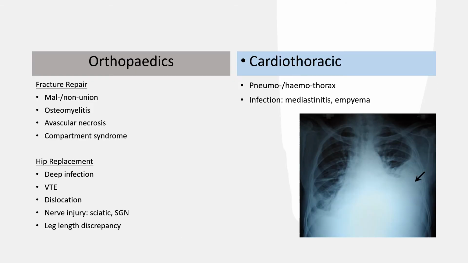All right, going on to orthopedics, if you're dealing with bone, you're trying to fix it. In most cases, it might not bind really well, especially if it's not oriented correctly, and that can cause malunion of the fracture. As with anything, you can have infection, osteomyelitis, and issues with the blood supply, avascular necrosis, but the most important side effect of orthopedic surgery is compartment syndrome.